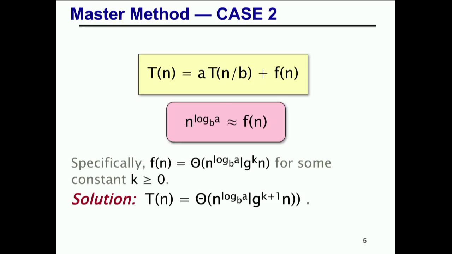But which exact logarithm is that? Apologies. If your f(n) is equal to n to the log base b of a times a polylogarithmic factor, the solution will basically boil down into n to the log base b of a times that polylogarithmic factor with the power k plus 1. The power increases by 1.